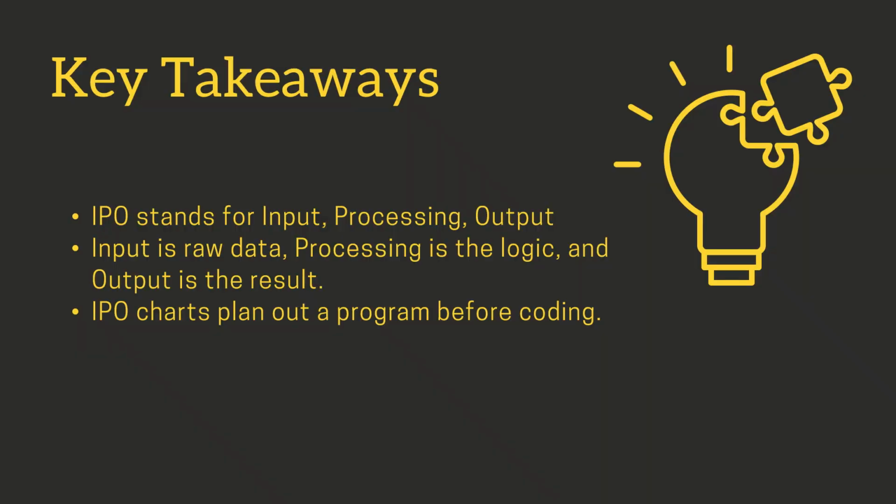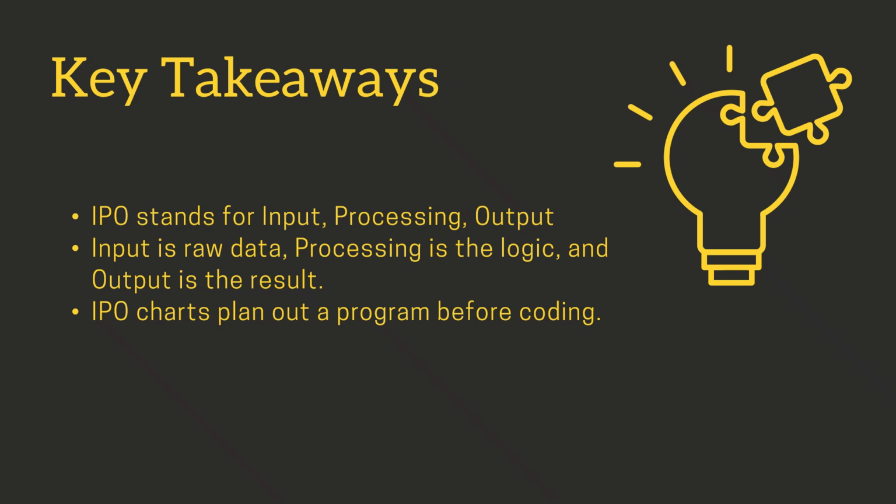Okay, so we practiced this with calculators. We practiced defining an IPO for a login system, and you'll be practicing this for a bakery scenario. And we also practiced it for the food delivery.